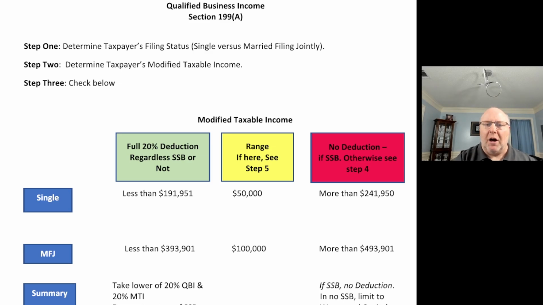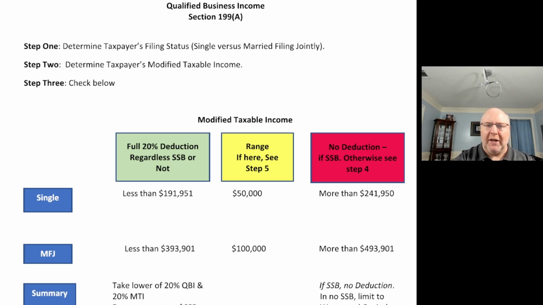If, however, our 20% of QBI was, say, $120,000, well, $50,000 from Part A would be lower than the $120,000. We would only take $50,000 for that portion of it.